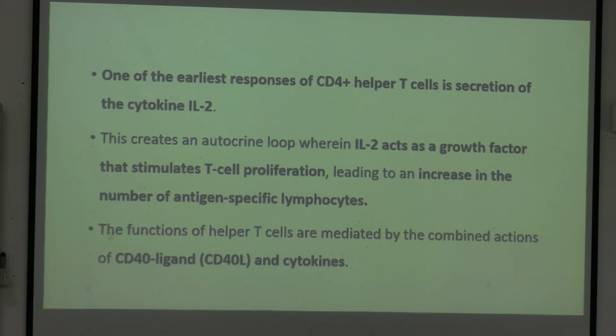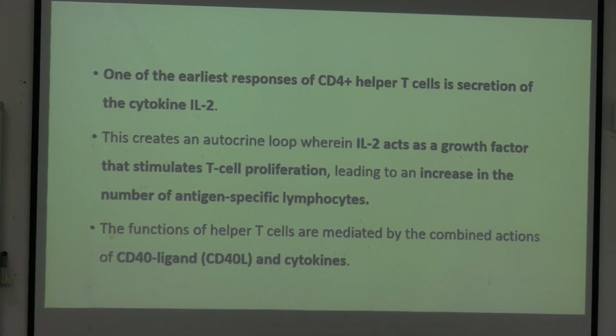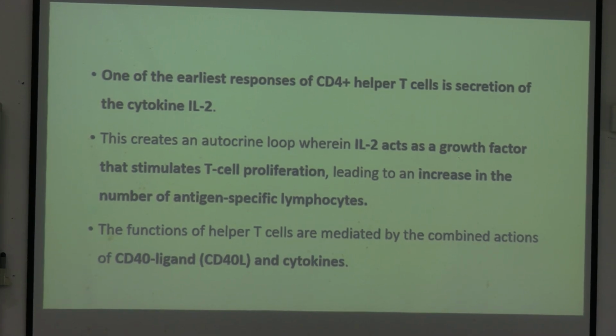MHC class 2 molecule is just carrying that antigen, along with the antigen presenting cell, to the CD4 plus helper T cell. Then some part will proliferate into effector T cells. It will proliferate and IL-2 will be secreted. And IL-2 is a growth factor.